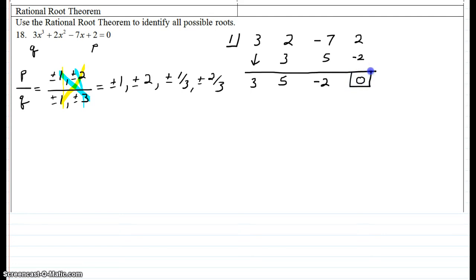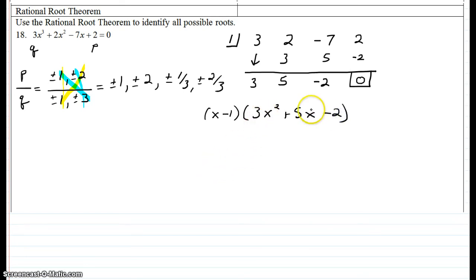So the first one I tried, I got a 0. That's what I want. So that means that 1 is going to be a root. So this is going to factor to x minus 1. Remember, 1 minus 1 gives us that 0, the root. And then this would be a 3x squared plus 5x minus 2.